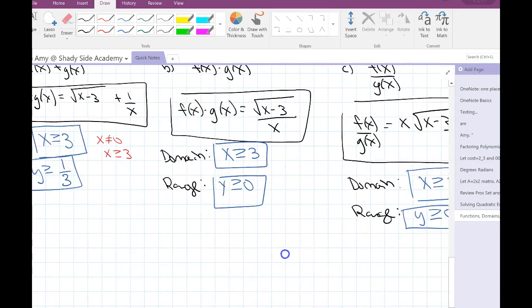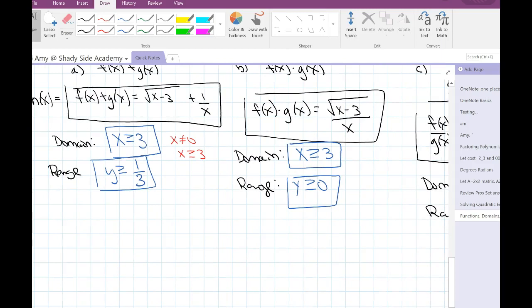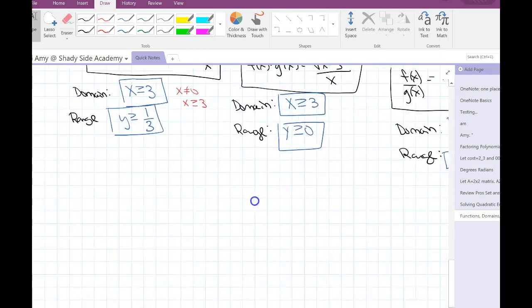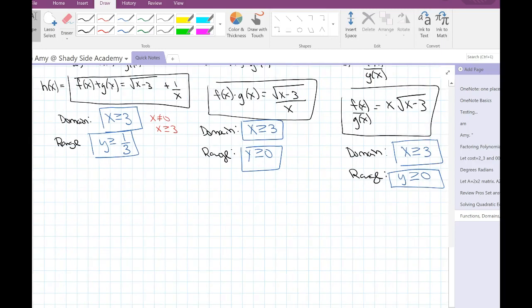Let's see. I believe that is it. So your homework after this screencast, you are to look at that handout that's attached as a PDF. The top page says page 13, the second page says page 25.